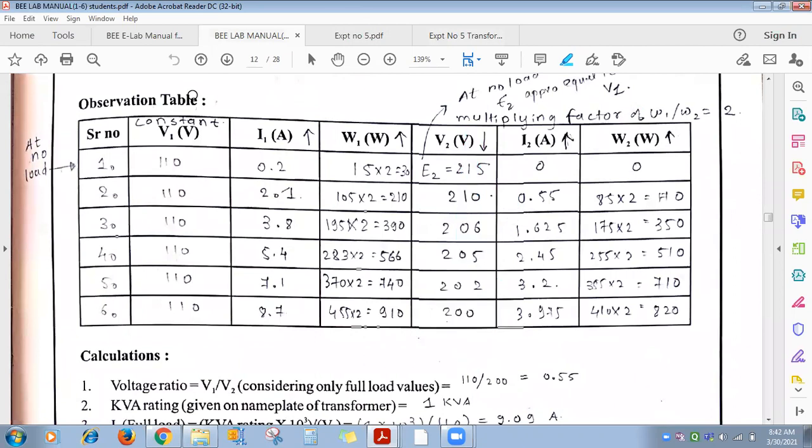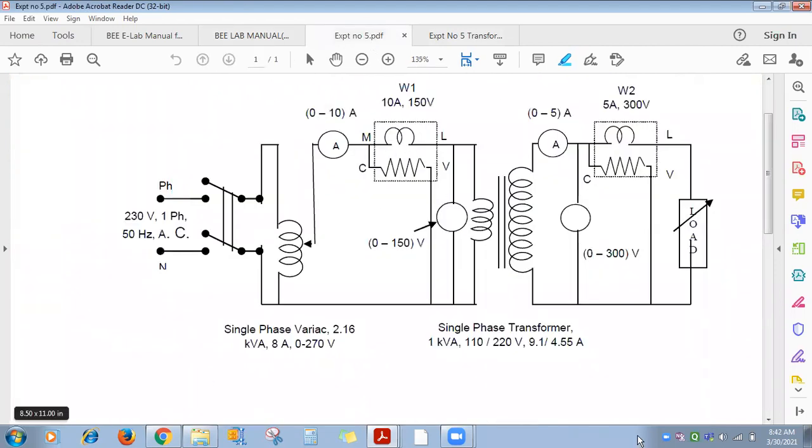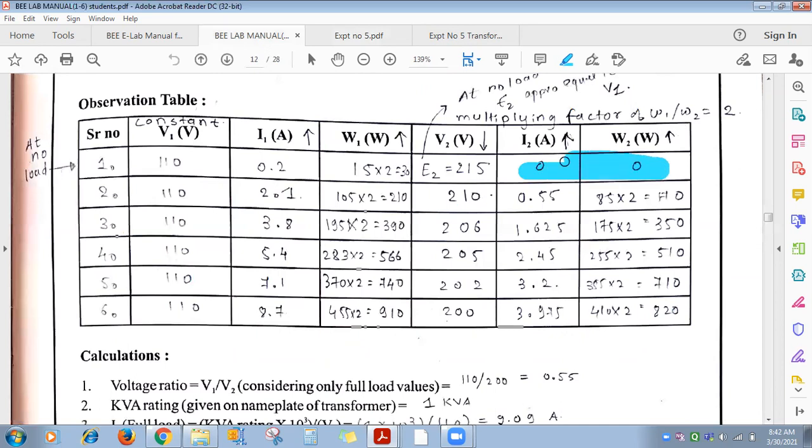Okay, the observation table is clear? So what you have to do: make the connections like this, switch on the auto transformer, and adjust this variable point so that 110 volt will be there. Remove the load across the secondary for the first reading and switch on the circuit, which means I2 and W2 will be 0.